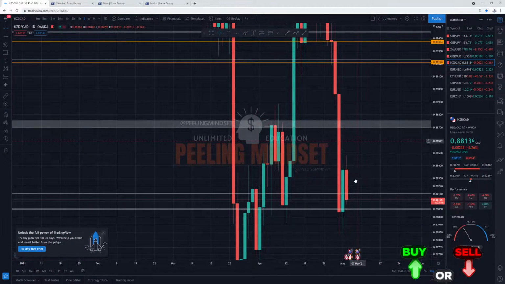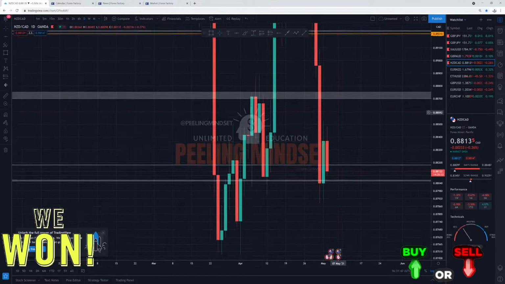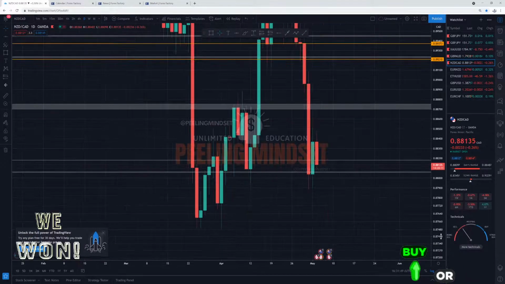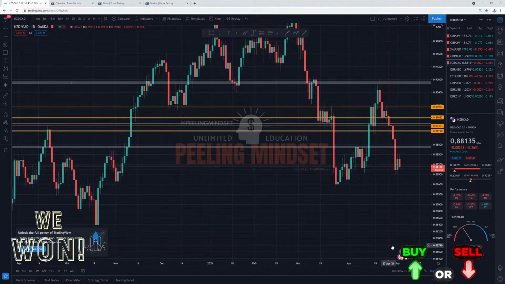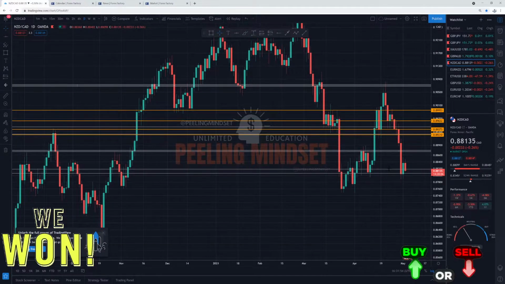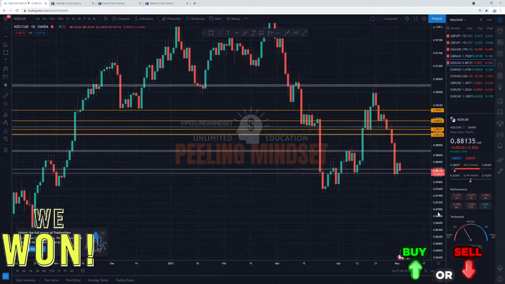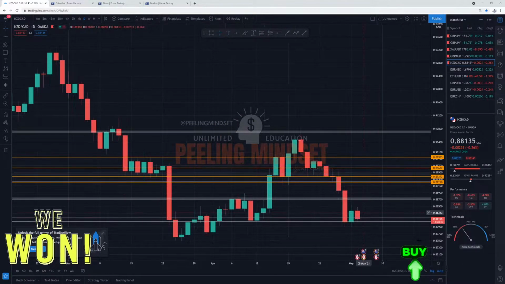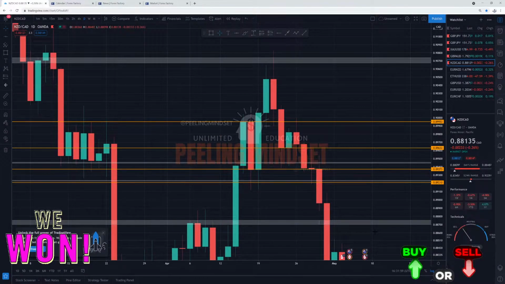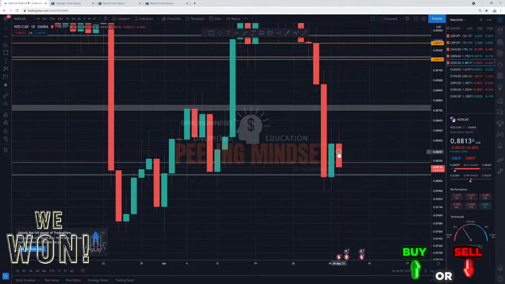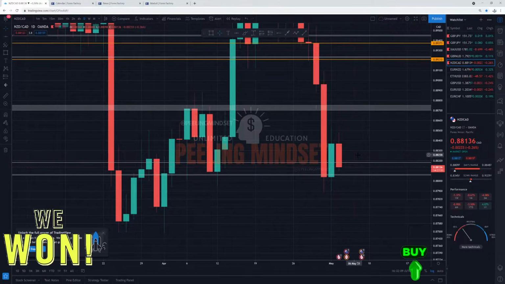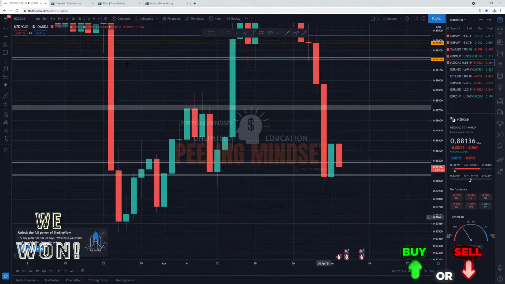On the daily time frame, what I can see is definitely price is in a downtrend. If this daily candle is going to break the previous daily candle's low, that'll be perfect for further continuation. Or if this daily candle is going to stay bearish, there's a higher chance another daily candle could go further down. So that's something I can tell.